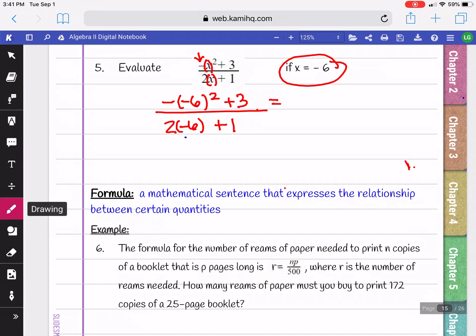Here, we can't do what we did in the last problem. We can't make these two negatives positive because of that parentheses. This -6 needs to be squared first. So this negative is going to stay separate. And then -6 squared means -6 times -6, or 36.